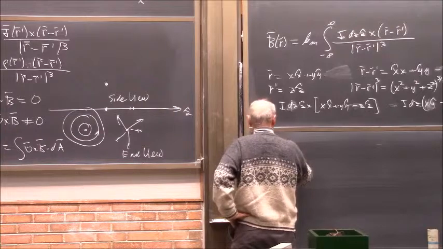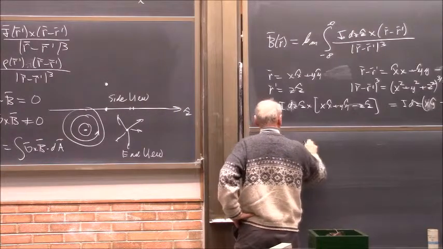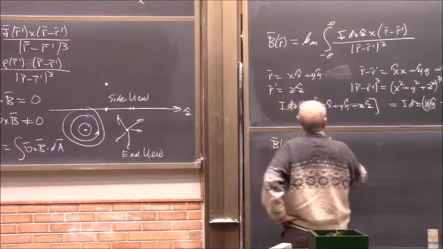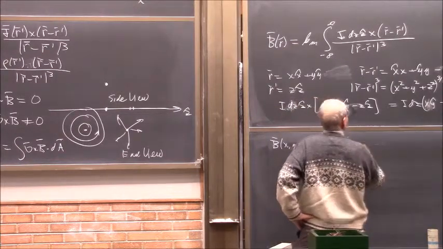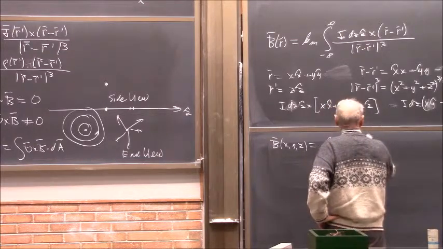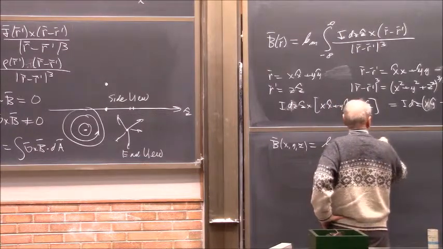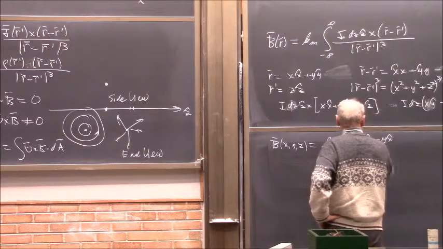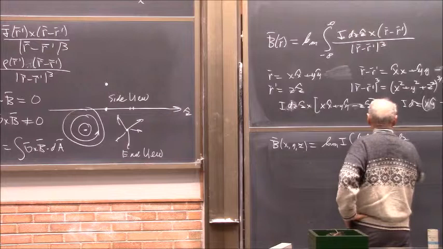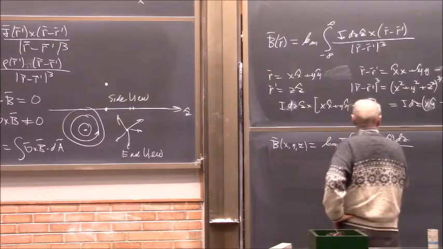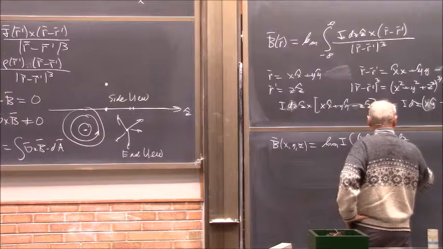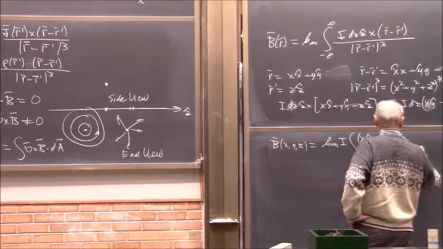And we get B of x, y, z is equal to k sub m I times the integral of x y hat minus y x hat dz divided by x squared plus y squared plus z squared to the 3/2.